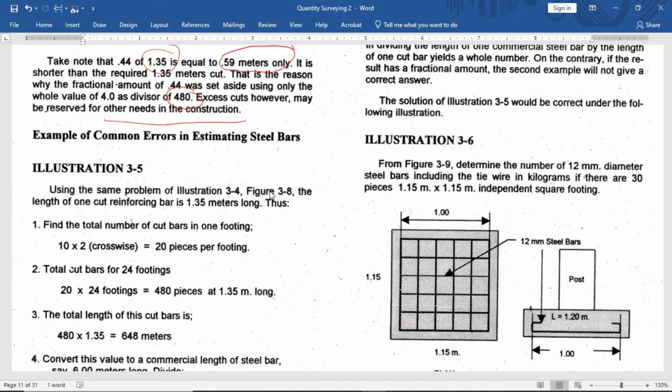So, since it is square, times 2 lang natin. So, 20 pieces per footing. So, total cut bars is, so there are 24 footings. So, 20 pieces for one footing. So, times 24 lang natin para makuha natin yung total para sa 24 footings. So, 480 pieces.